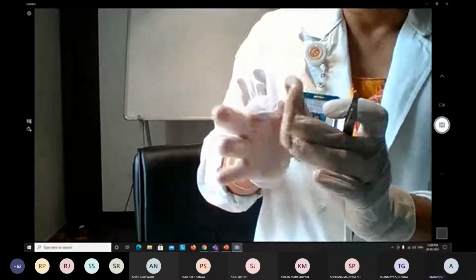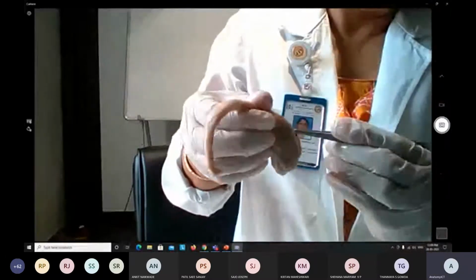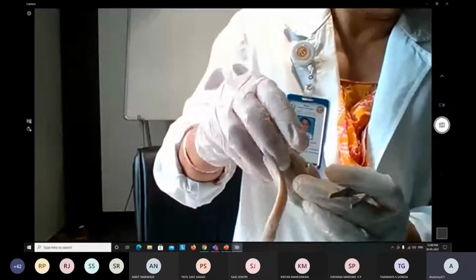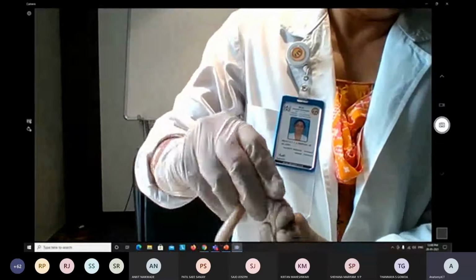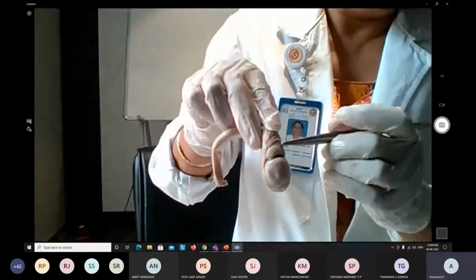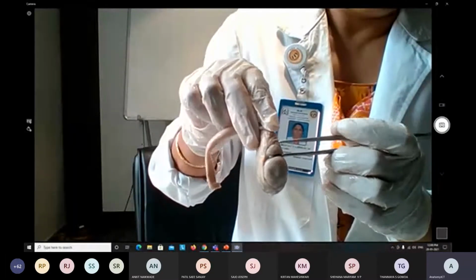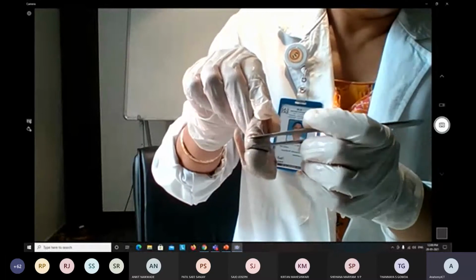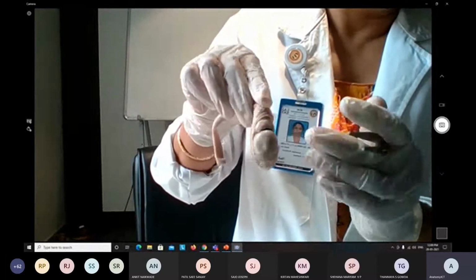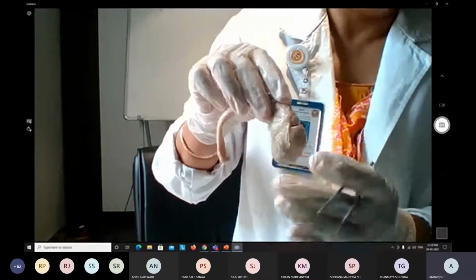The upper end of the testis, you can see here, will be covered by the head of the epididymis. Can you see here? This is the head of the epididymis. So almost it will be covered by this.